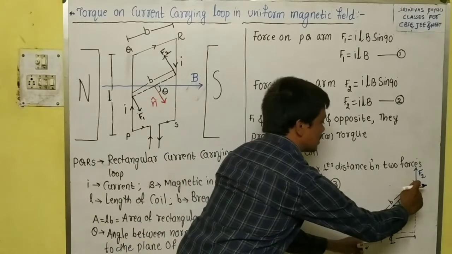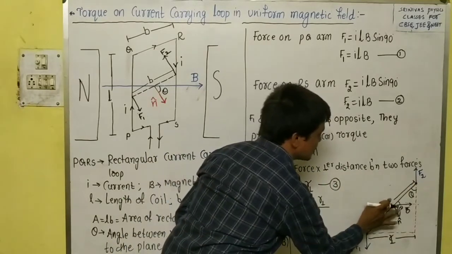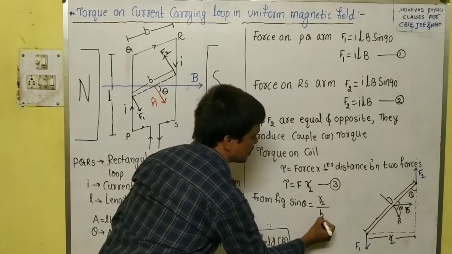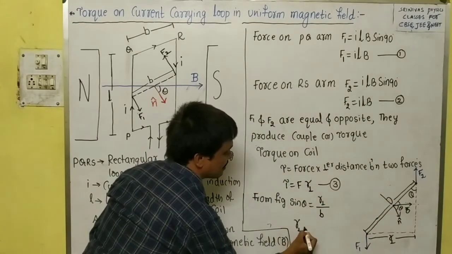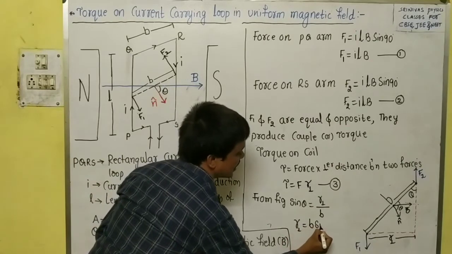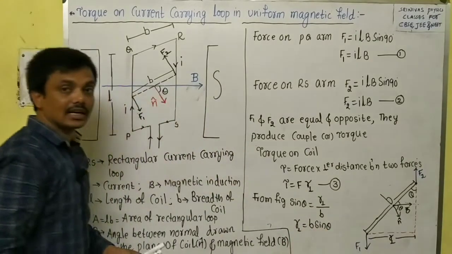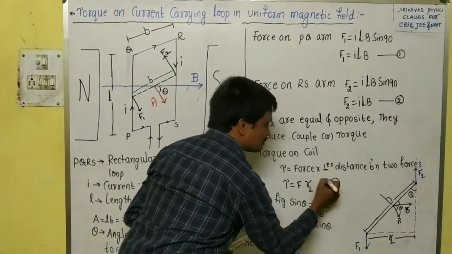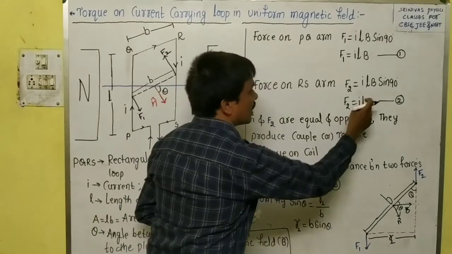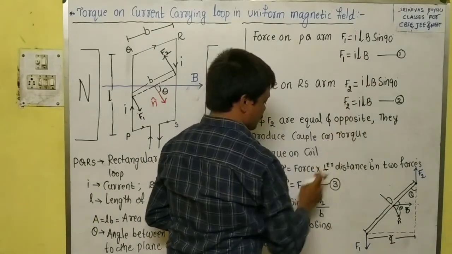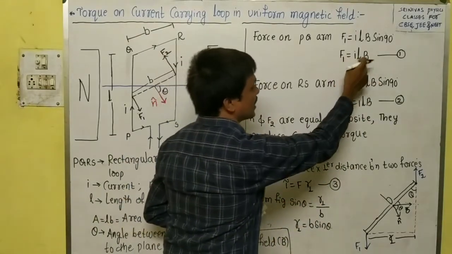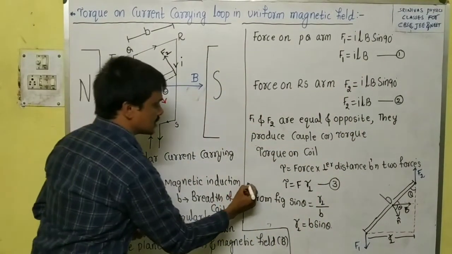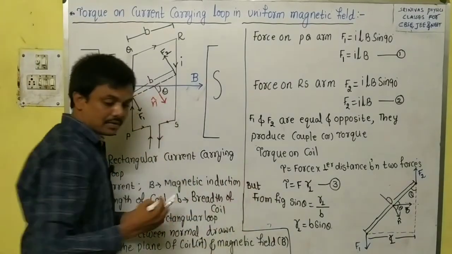Hypotenuse is this one, this is B. Then from this we will get R perpendicular as B sin theta. Now this R perpendicular we substitute in equation 3, and the force is ILB. This is substituted. Then what will you get from equation 3?